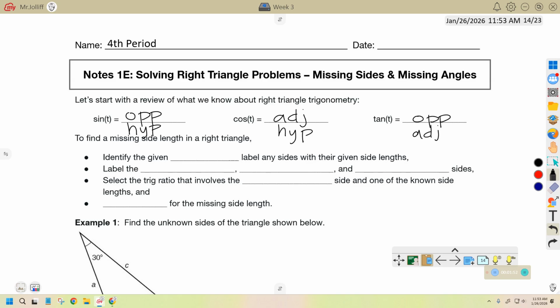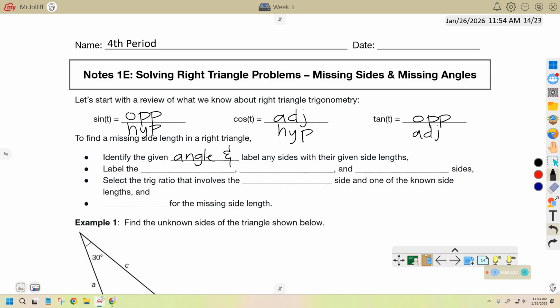So a quick reminder, if you are asked to find a missing side length in a right triangle or a real world situation, you should identify the given angle and label any sides with their given side lengths.